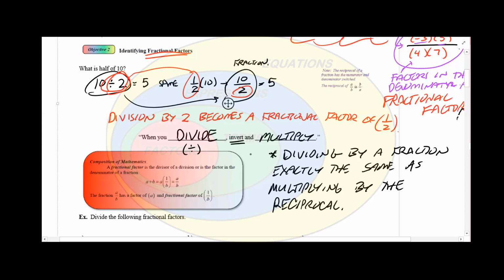This is a big key, and it's also listed in the red box in your book. So notice here, A divided by B is equal to A times 1 over B, which is the same as A over B. The big thing to notice is that the factors are A and the fractional factor of 1 over B.